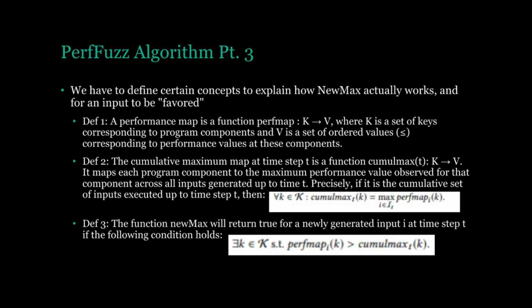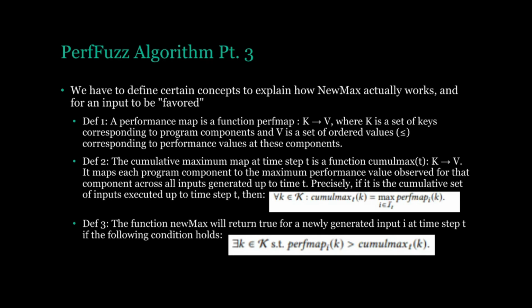So definition 2, the cumulative maximum map at time step t is a function cumulmax of t from K to V. It maps each program component to the maximum performance value observed for that component across all inputs generated up to time t.